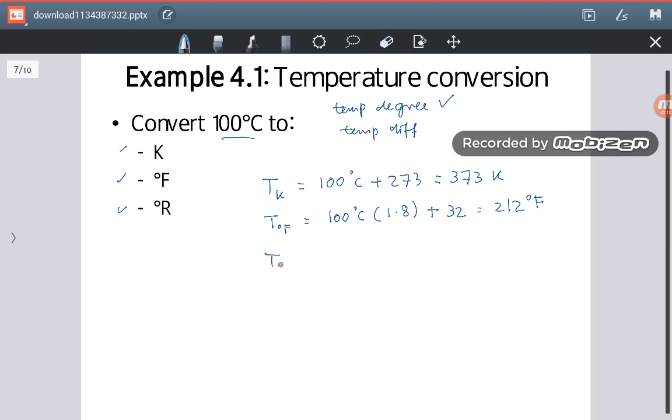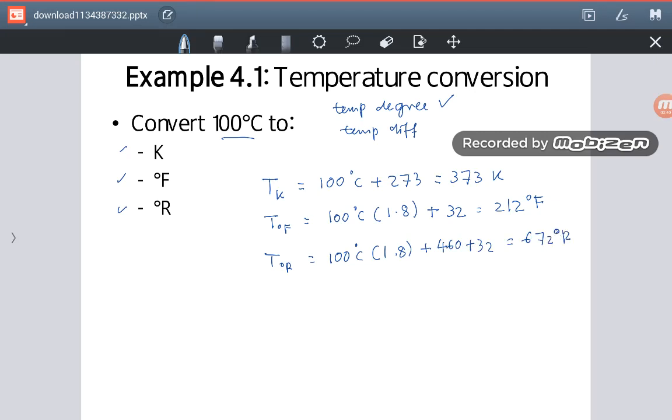And lastly, for Rankine, for the temperature in degree Rankine, 100 degree C times 1.8 plus 460 plus 32, and it's equal to 672 degree Rankine.